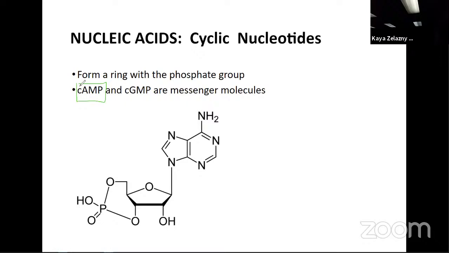When we see cyclic AMP, that's a modified nucleotide, so it's kind of a nucleic acid. What they do is form a ring with a phosphate group. So instead of having that phosphate with just the oxygens around it here, it's formed this ring. That's where the C comes from, that cyclic name.